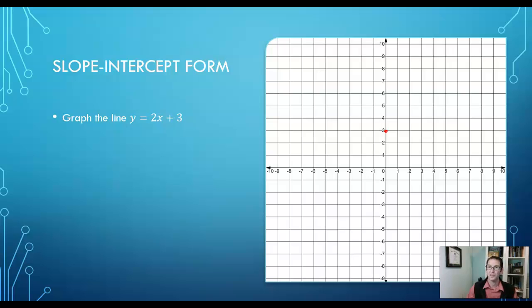Here's my slope of 2. I go up 2 and over 1. And I'll do just a few extra points because it'll be easier for me to draw these. And it's fairly straightforward. We've been doing this type of graphing for a couple of years now.